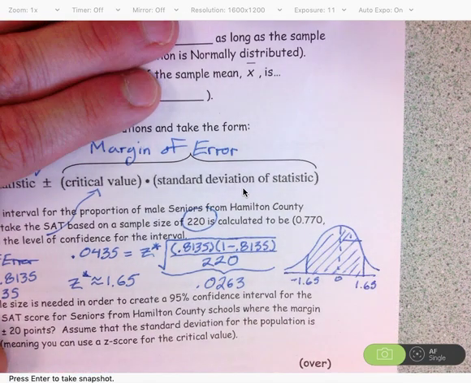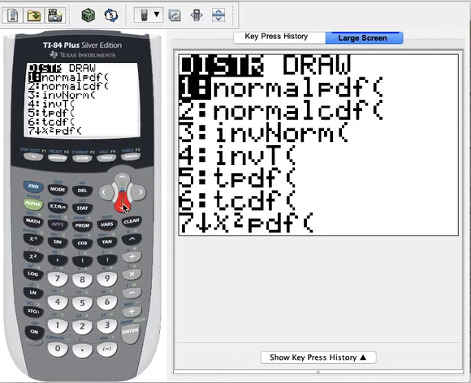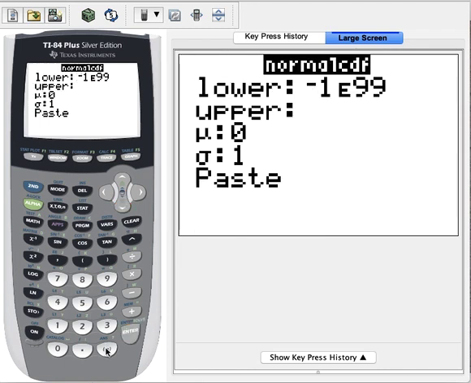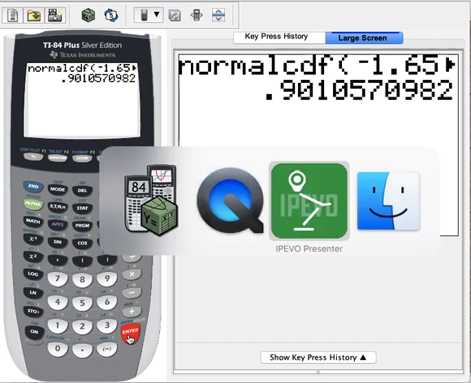And this is a classic example where you could use the normal CDF command. So our lower boundary is the negative 1.65. The upper boundary is positive 1.65. So that area is about 90%, 0.901.